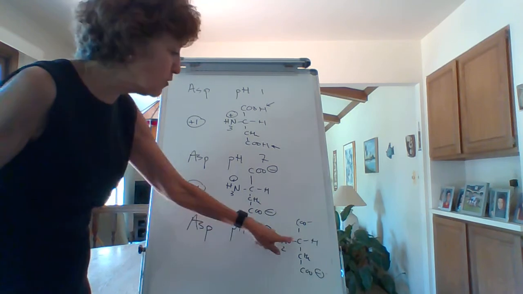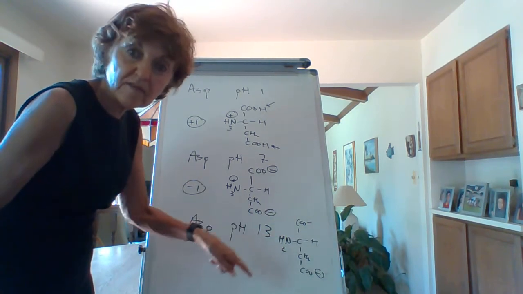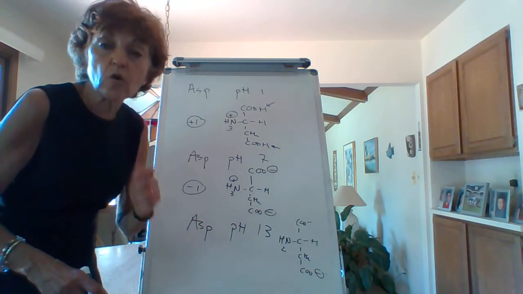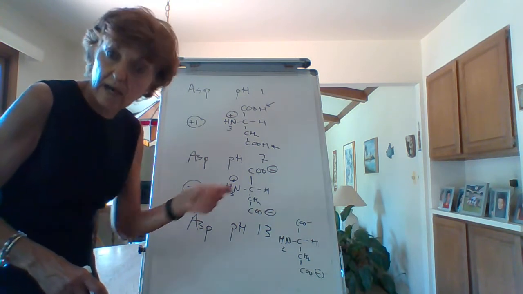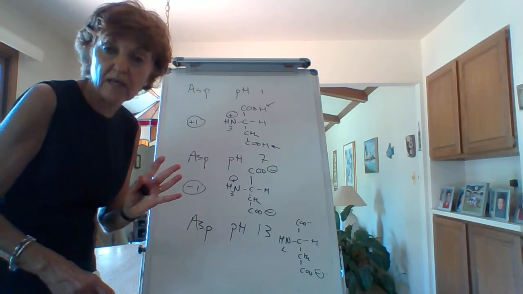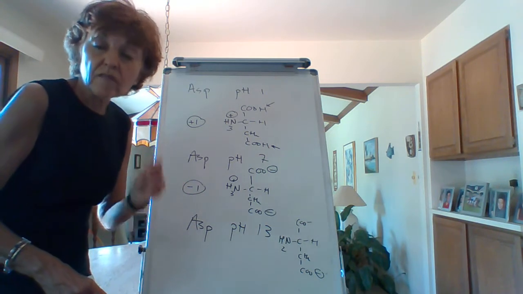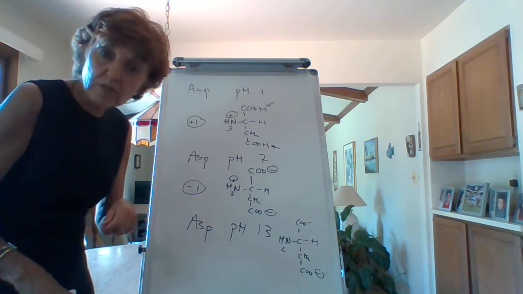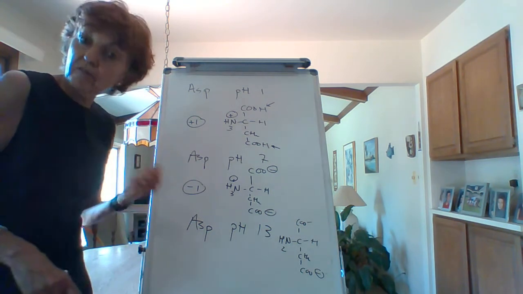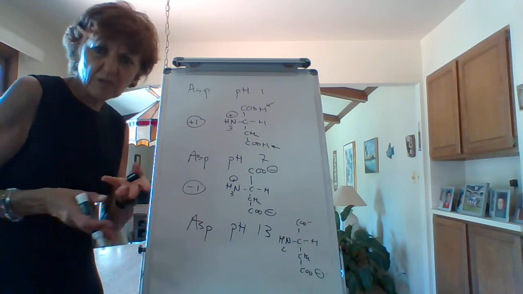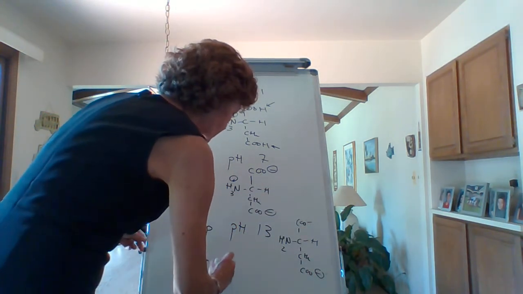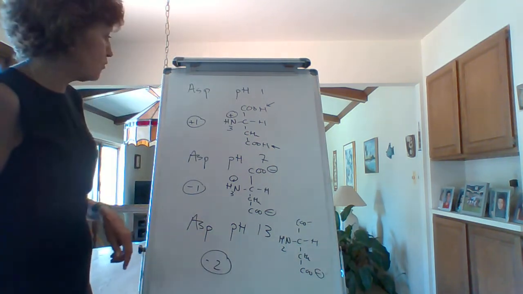So basic sites only get deprotonated at high pH. That's the only time they get deprotonated. Acidic sites are always deprotonated, but they become protonated at a very, very low pH. That's pretty much the summary. All right, so this one you can see has a net charge of -2.